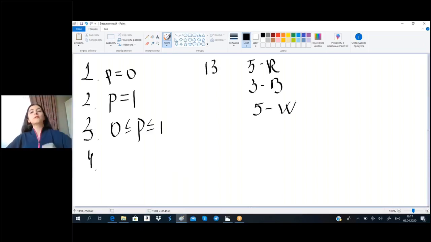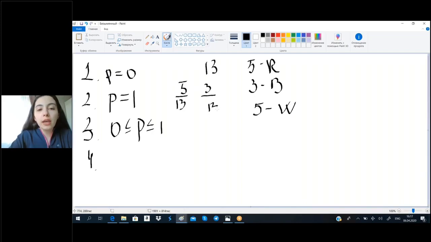Let's first of all find the probability of choosing a red ball. It will be 5 over 13. 13 is the total number of balls. And a black ball, it will be 3 over 13. And white, it will be 5 over 13. Add all of them. You will get what? 13 over 13 or just 1.